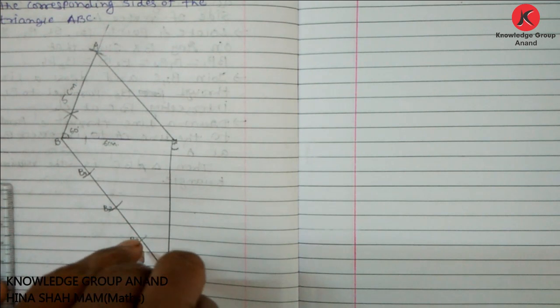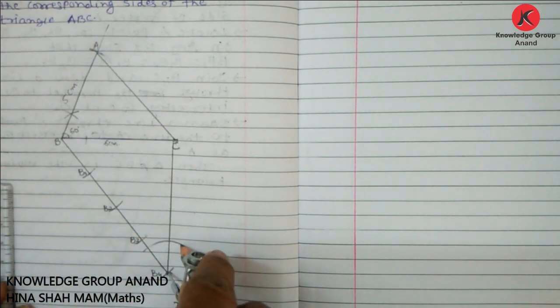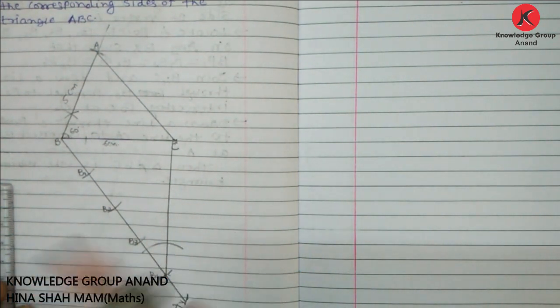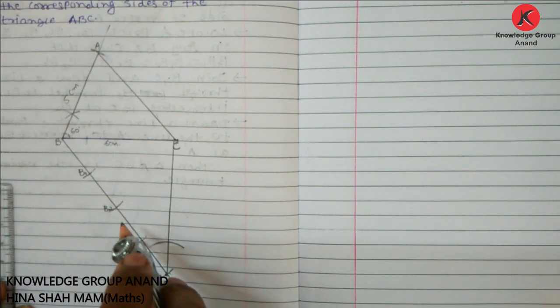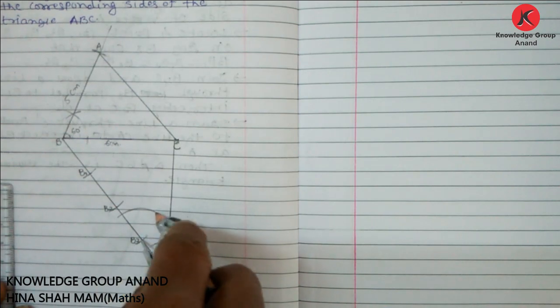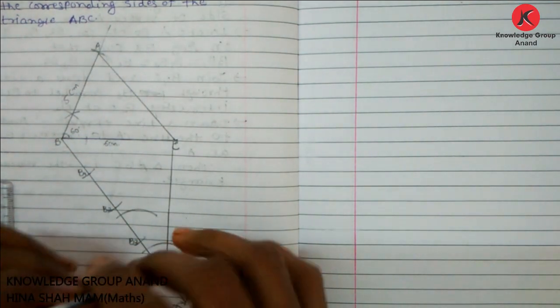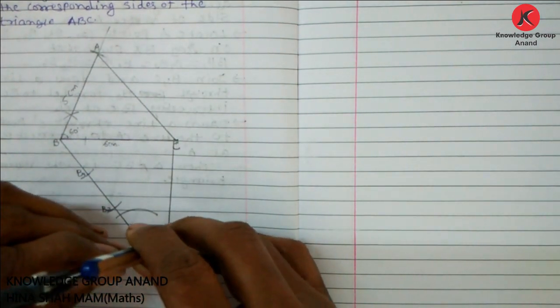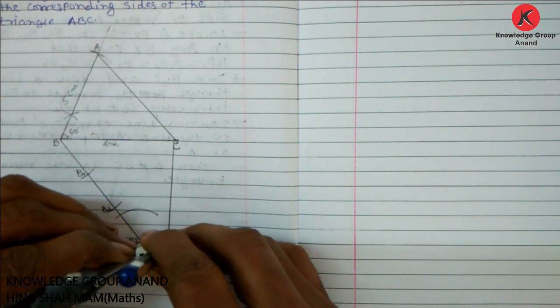Now we take here angle, its parallel side. How? Same measure on B3, putting compass on B3 and draw this arc. Both arcs are equal. Now measure this angle.